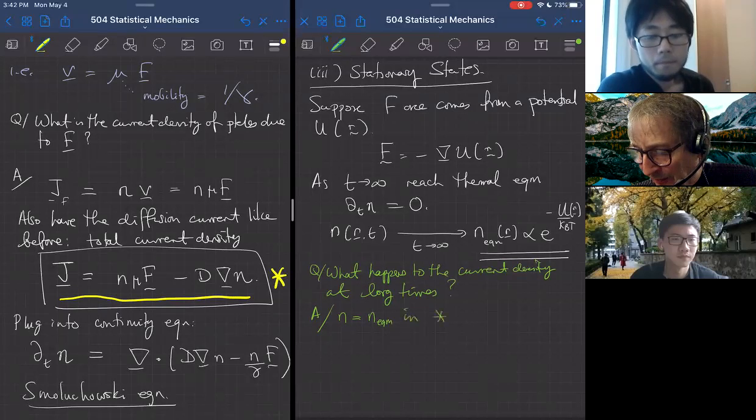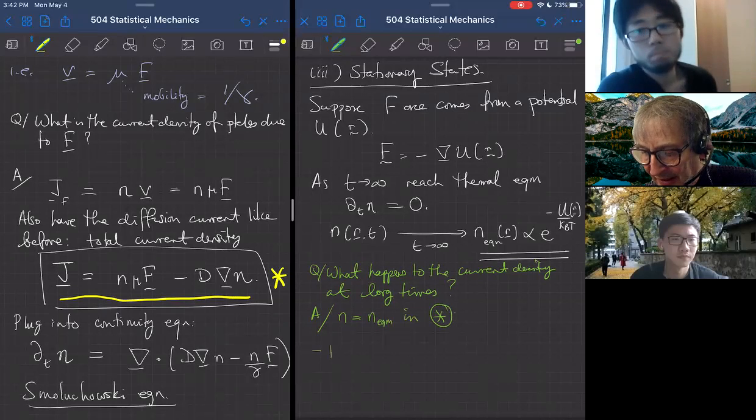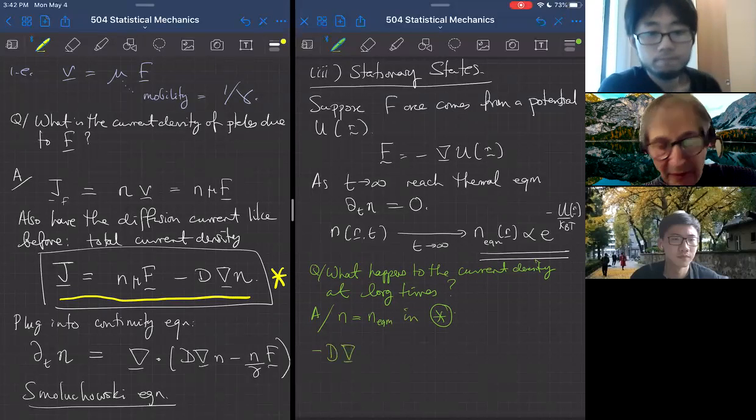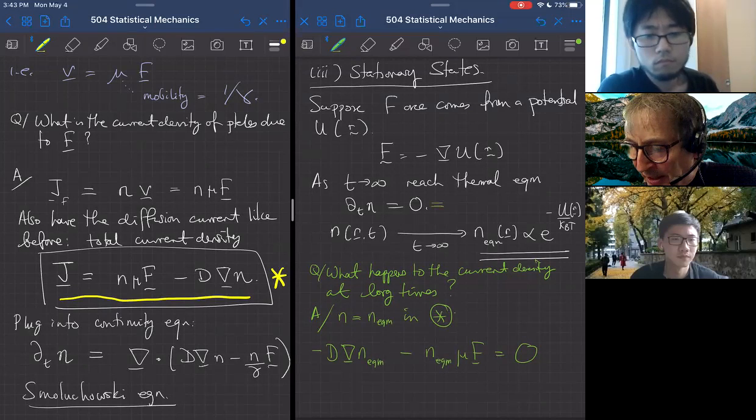What I'm going to get then is minus D grad of n equilibrium minus n equilibrium times mu times F is equal to 0, because in equilibrium, I didn't say this, but I meant to say it, dn/dt equal to 0 implies div J is equal to 0, and we're taking thermal equilibrium.